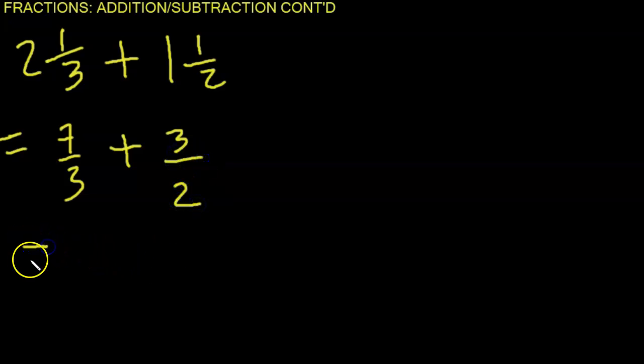So now we're adding 2 fractions here, 7/3 plus 3/2. And of course, as you just learned in the previous video, we cannot add them unless the denominators are the same. So we go for the LCM, which is 6. So now we need to rewrite both fractions as a value over 6.